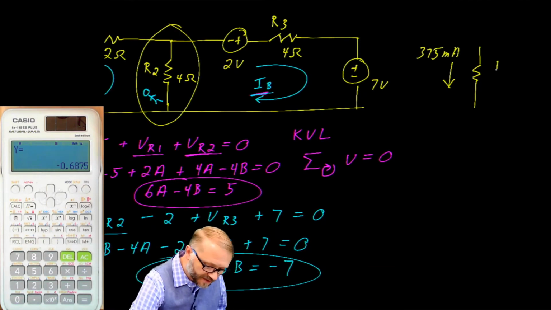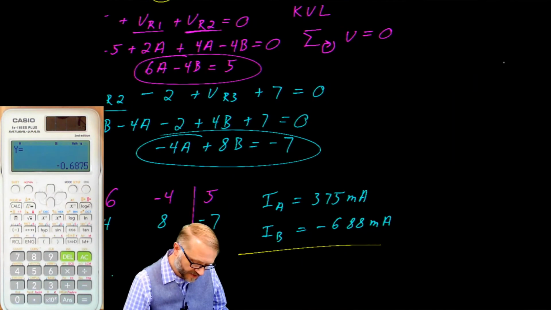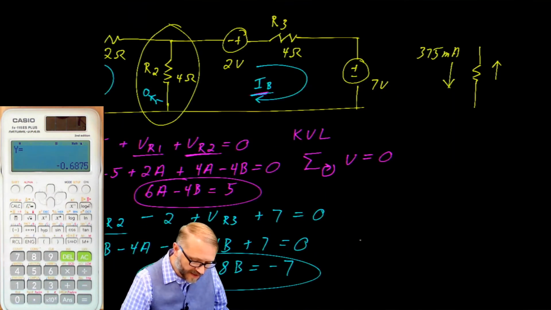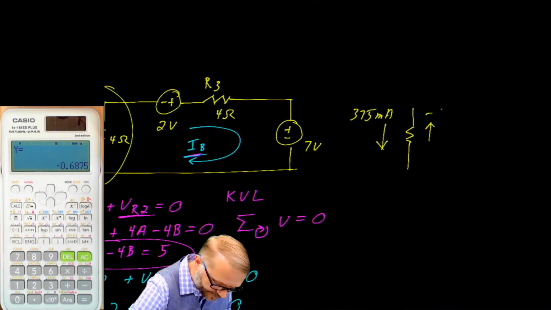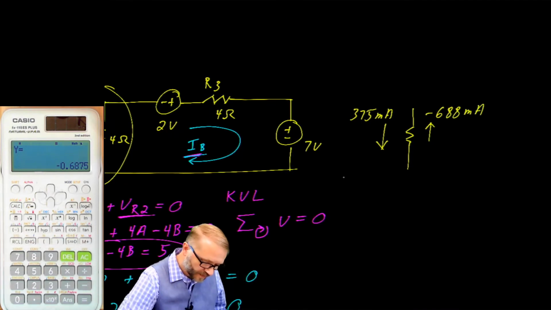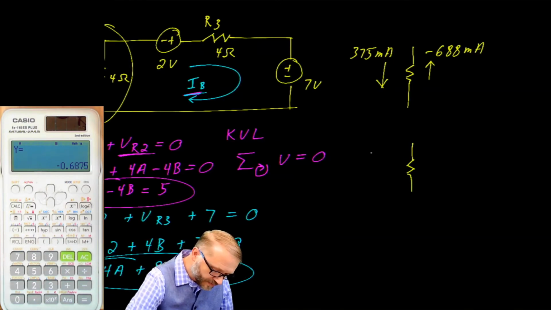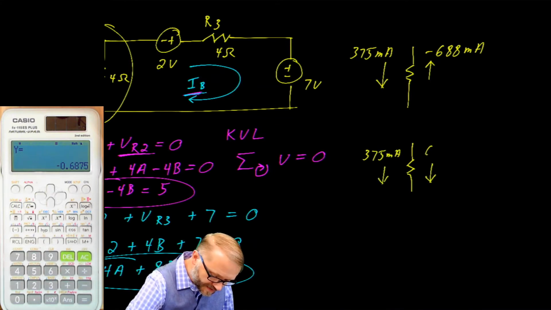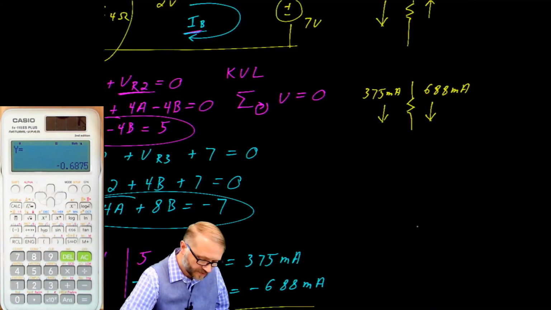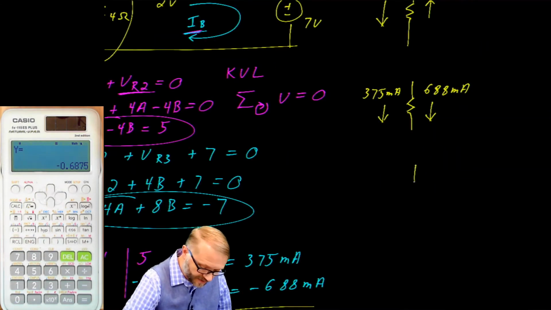And we established that current B was flowing in that direction with negative 688 milliamps. We should redo this here. So we can say there's 375 milliamps flowing in that direction. And there's 688 milliamps flowing in that direction, which means the currents are aiding each other.